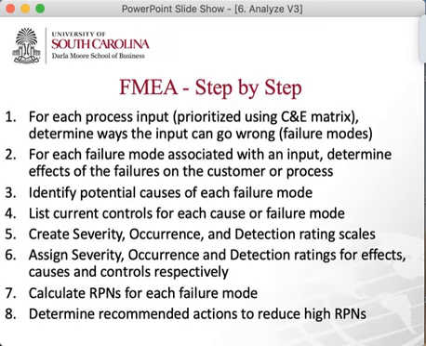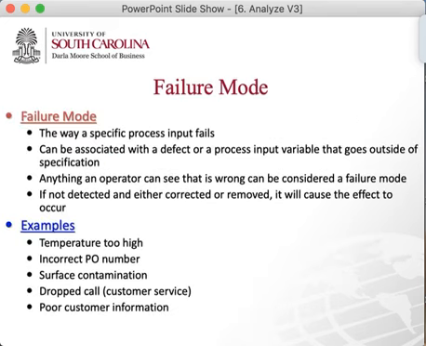So then the FMEA will have the step-by-step of how to understand which ones are the most important ones, right? We are starting with the first thing, and the first thing we need to do is identify the failure mode, okay? So what can go wrong?